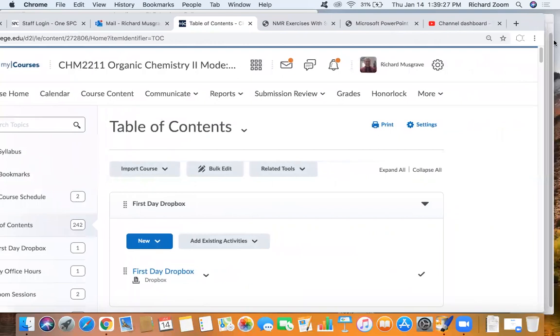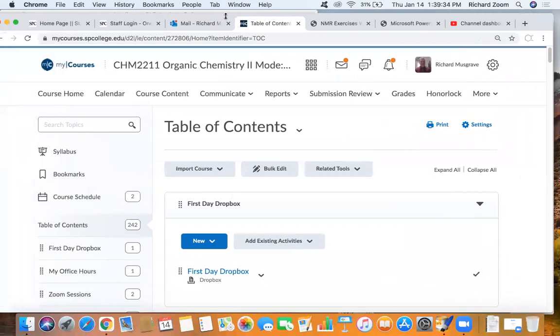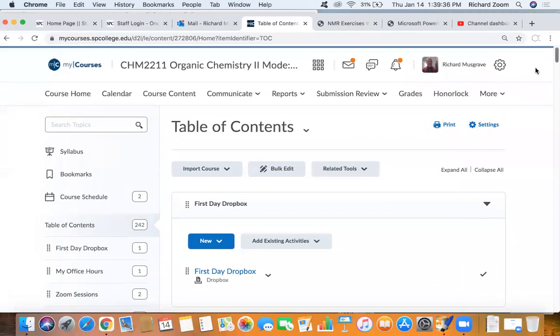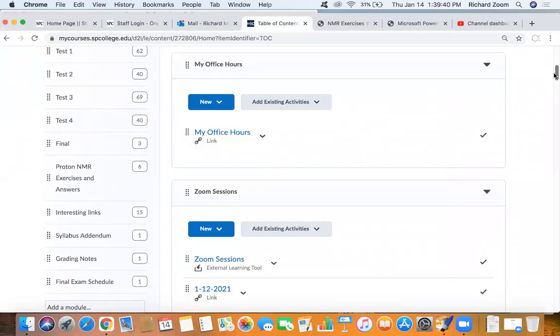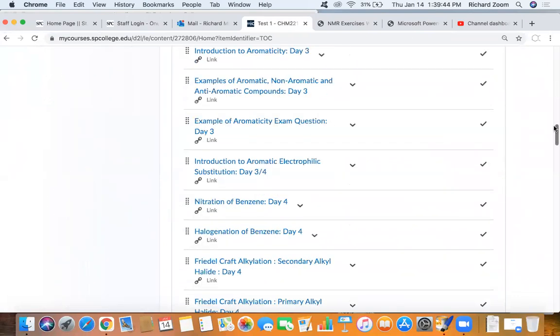Okay, I have to shrink this screen a bit here, make it a bit easier for me. All right. Let's go through another example.